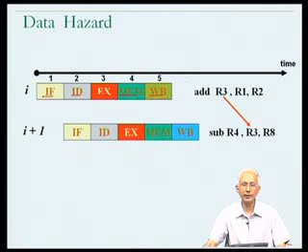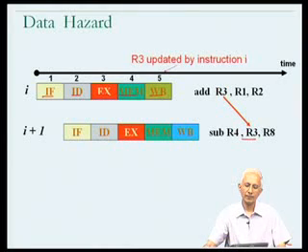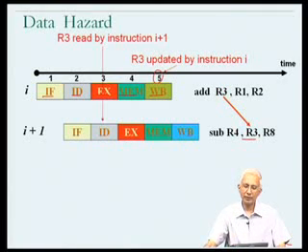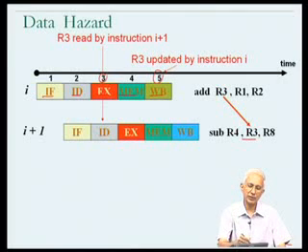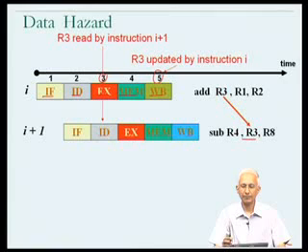We also know at what point in time instruction I plus 1 reads its source operand from register R3. For example, we know that the updating of register R3 as far as instruction I is concerned happens in cycle number 5, and we know that the reading of register R3 by instruction I plus 1 happens in cycle number 3, and therefore instruction I plus 1 is reading its source operand before instruction I has actually written the value that is supposed to be used.